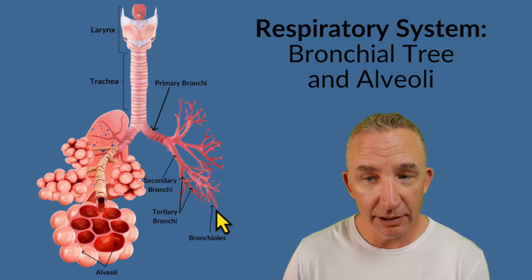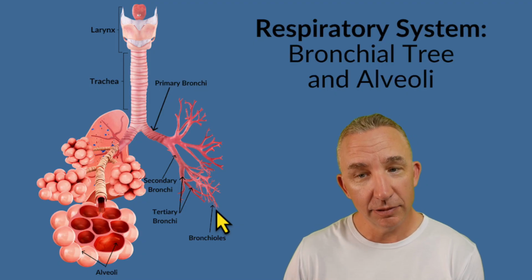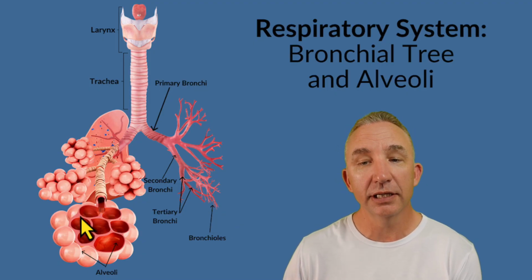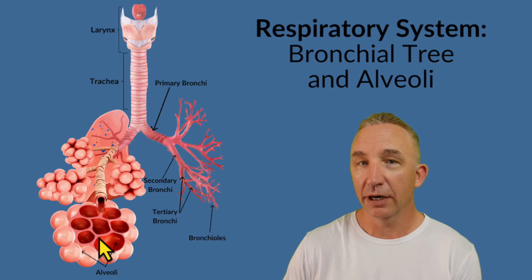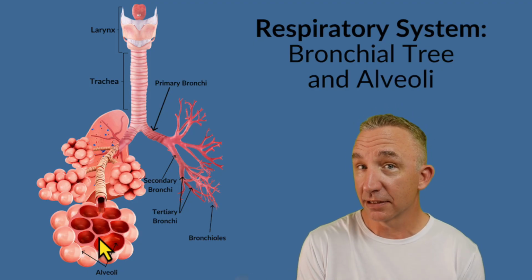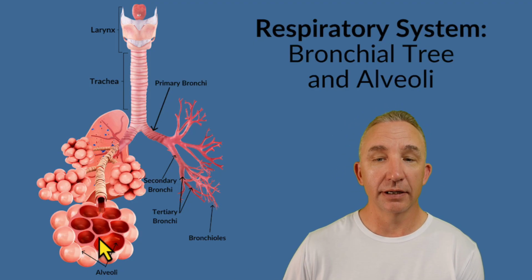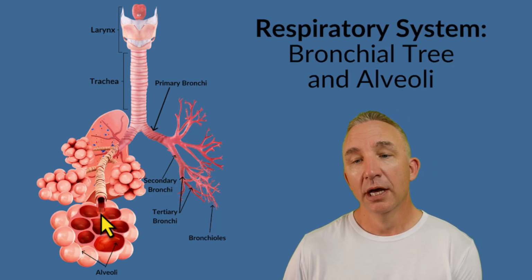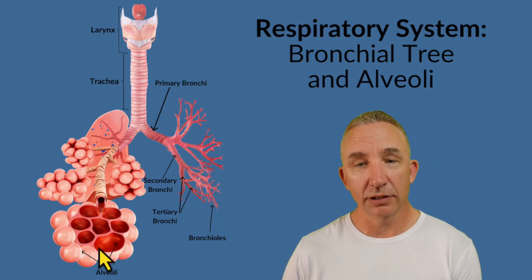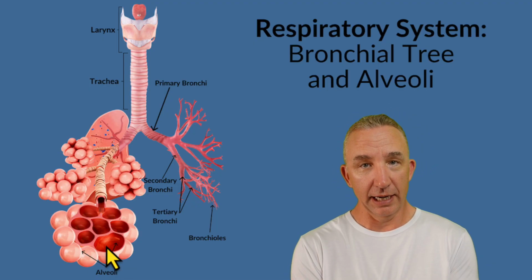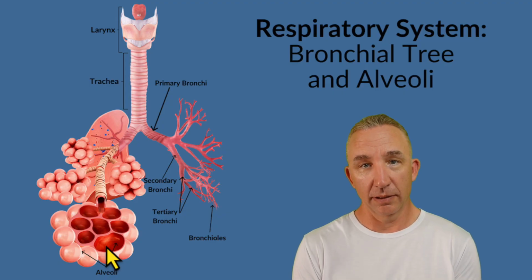Once we get into the bronchioles, hit the respiratory bronchioles, we're finally reaching the alveoli. We roughly have 150 million of these little sacs, and we'll talk about the respiratory side of it in another video on the exchange. But when we look at these structures, these are meant to be just little sacs to exchange oxygen and carbon dioxide.